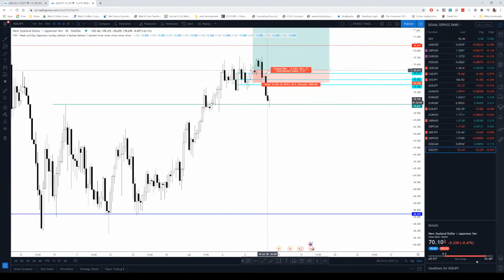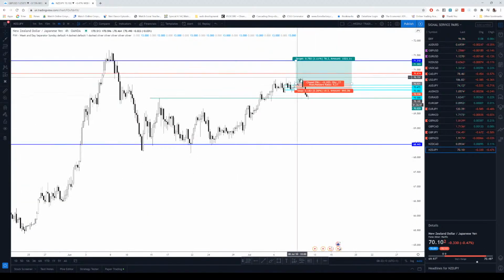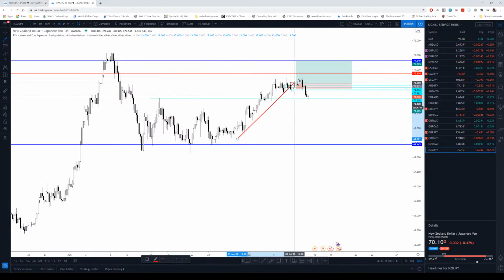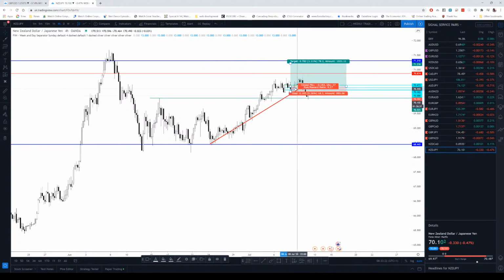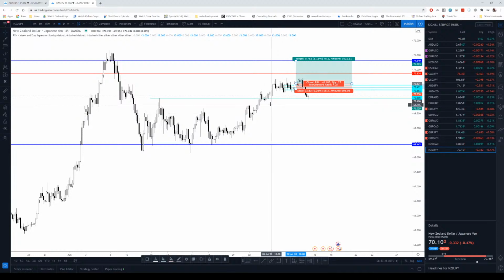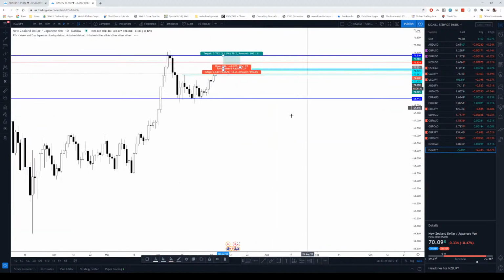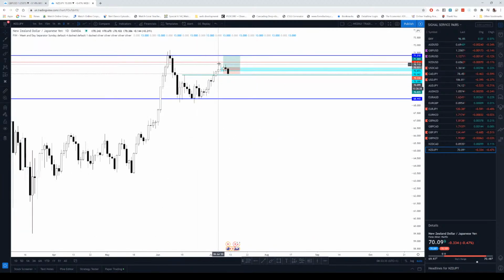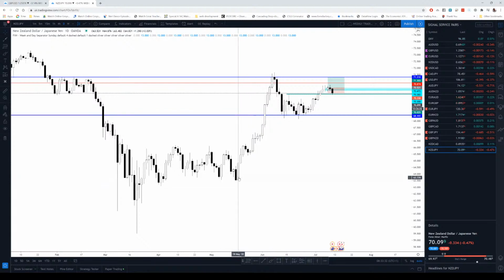I was looking for similar, but I understand why this didn't go up, because again we had a perfect trend line. Not that great of a trend line, but let me show you why. This kind of price movement, when price is going up and it doesn't go up with large ranges.